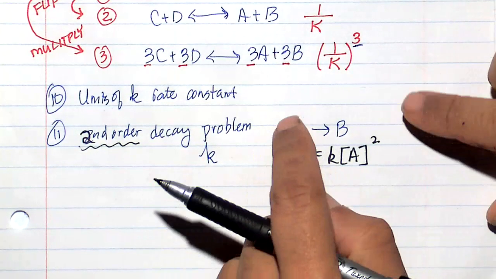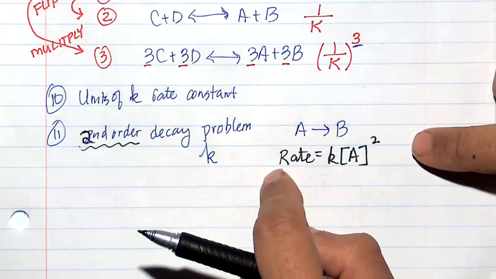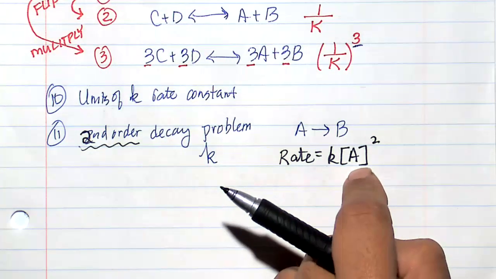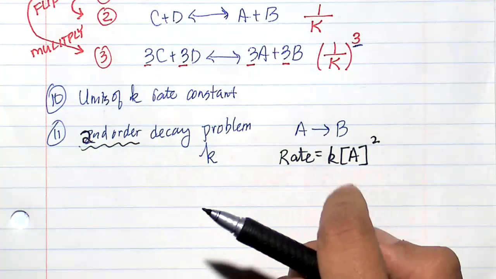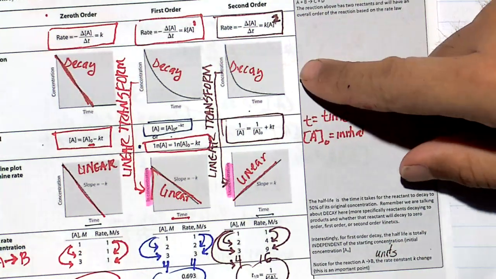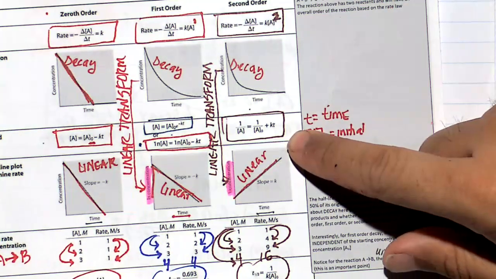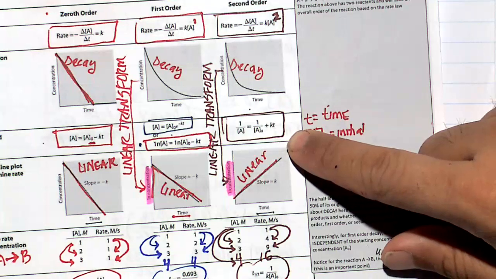So for this specific equation, this would be the rate law, where the concentration of A decays by second order. Okay, so it's going to decay like this. And after some period of time, how much has it decayed? We will use this equation.